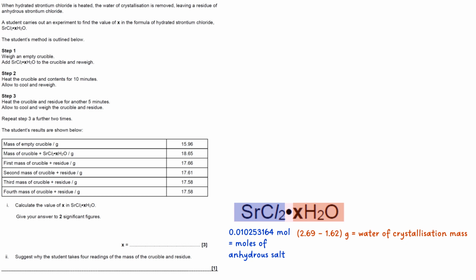And like we did before, the difference between the total mass of the hydrated salt minus the mass of the anhydrous salt left behind is the water of crystallization. So the amount of H2O in moles in this is going to be 0.059444444, again keeping my calculator value.